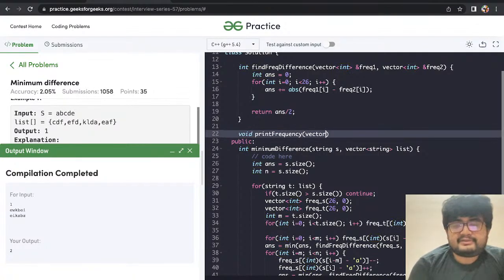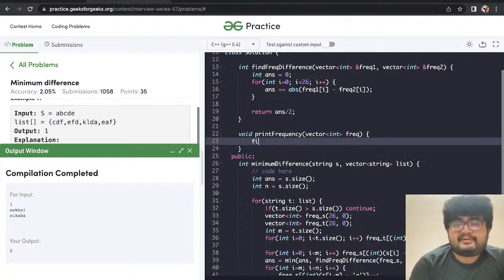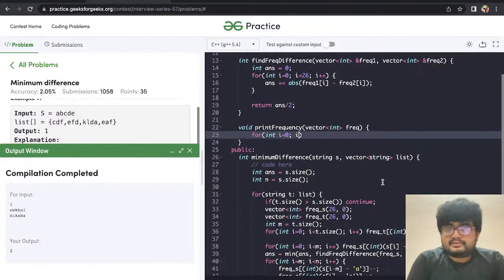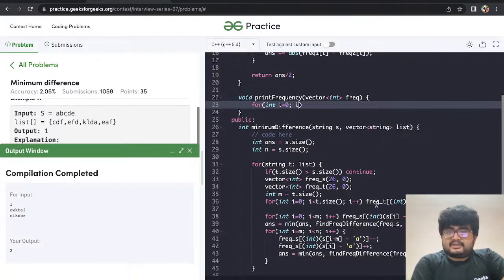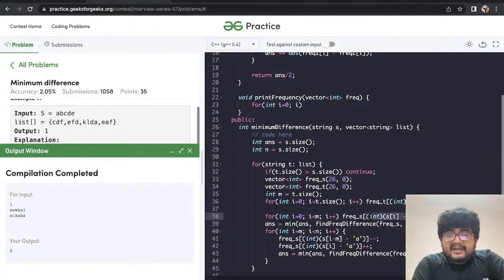So vector int frequency, and for int i equals to 0, i less than T dot size, i plus plus, T of i, i less than M, frequency of S of i minus A plus plus, find frequency difference, frequency is T, i equals to M, i less than N, i plus plus.